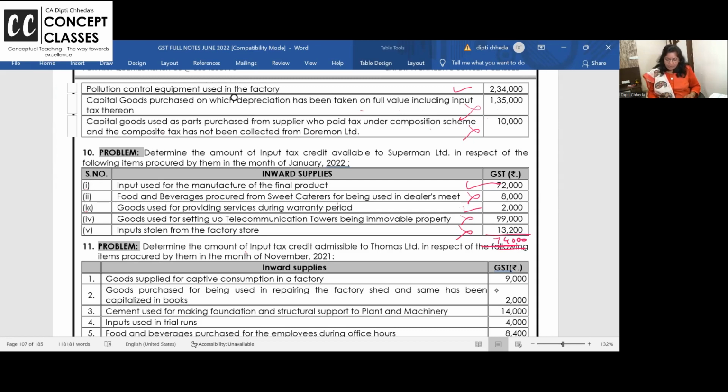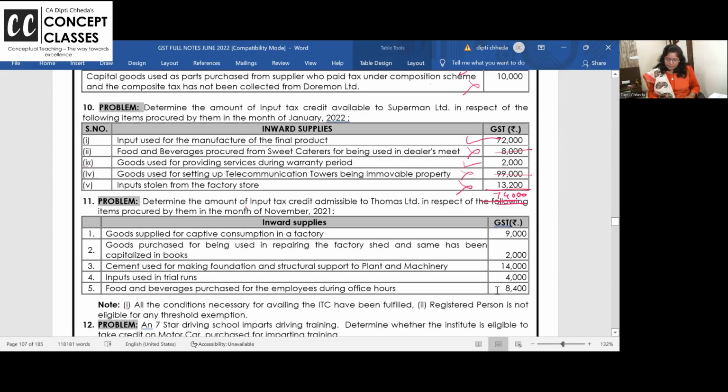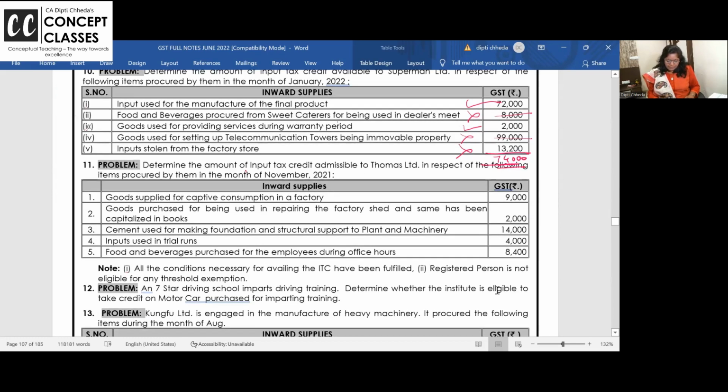Inputs 72,000 allowed. Food and beverages, employee related service. Aisa thoda inner column mein likh dena, not allowed, outer column nil. Samajh mein aa raha hai? Telecommunication goods not allowed, outer column nil. Like this you have to present, and the answer is 74,000.